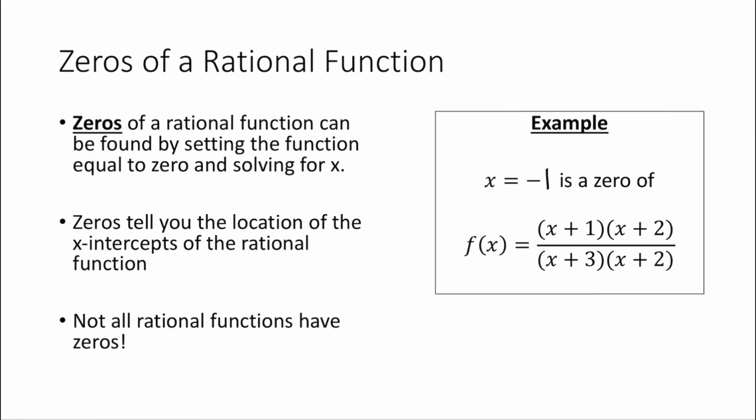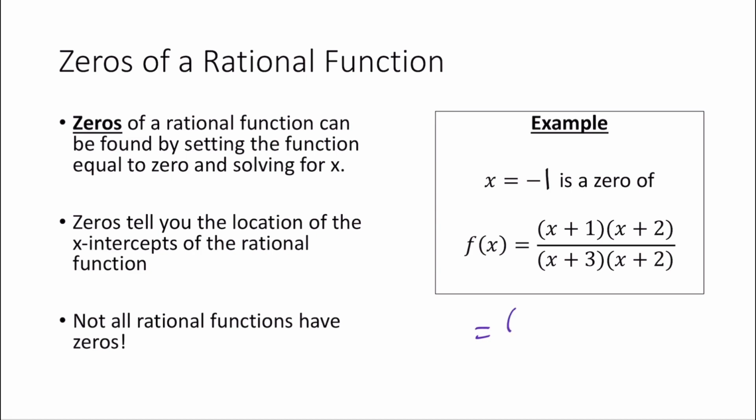Now we're going to extend this idea to rational functions. The zeros of a rational function can also be found by setting the function equal to 0 and solving for x. Zeros will tell you the location of the x-intercepts of the rational function. Note that when we're working with rational functions, not all of them will have zeros. If we look at this function over here, we can see that x equals negative 1 is a zero of this function.